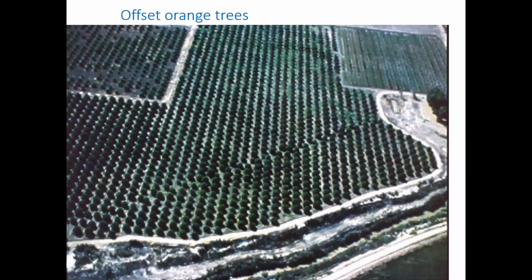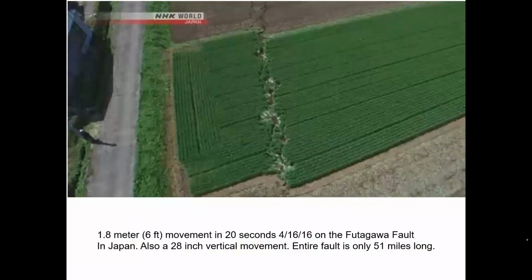And then this is an orange grove. And you can see the shifting of the orange grove. Again, that is a strike slip movement in the horizontal plane. This is a 6-foot movement that happened in 20 seconds on a fault line in Japan.